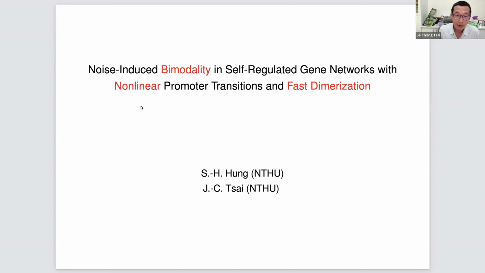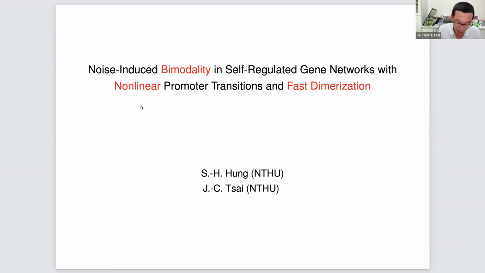So I would like to emphasize the nonlinear because in the study of bimodality, most of the studies are based on numerical computation. Numerical computation is good, but it may not give very deep insight. So we prefer to have an analytical study.